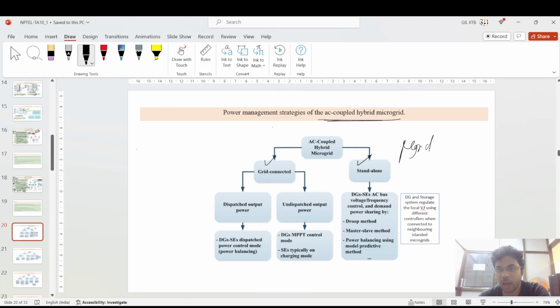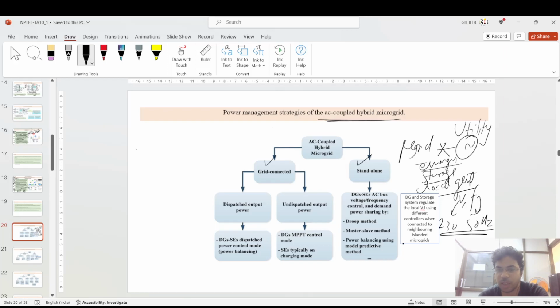In the standalone system, suppose this is the microgrid and it is not connected to the utility grid. In this situation you may have some energy storage and some local generation. You have to optimally manage this so that it can generate the voltage of 230 volts and frequency of 50 Hz, which is needed for your appliances.